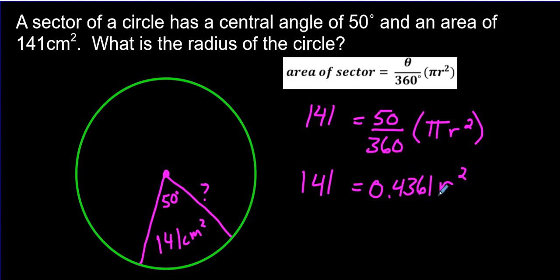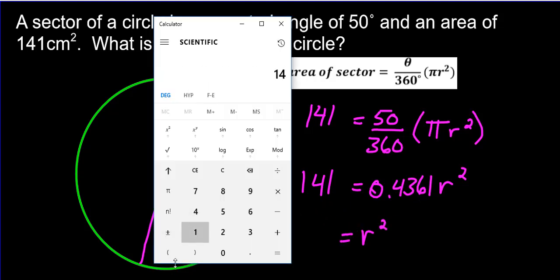Because this is being multiplied by that, the opposite of multiply is divide. So we're going to take 141, divide by 0.4361 to give us what r squared is. And we get 323.3.